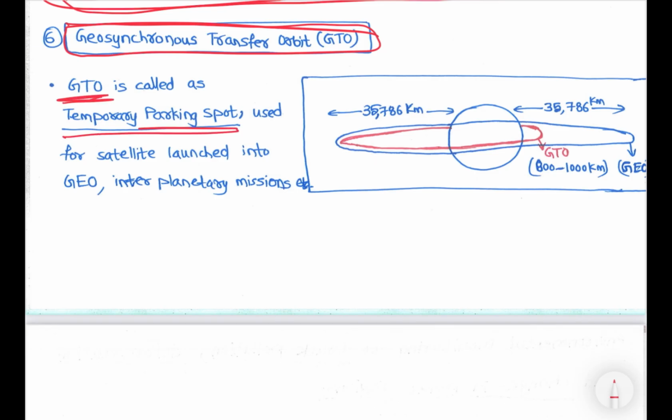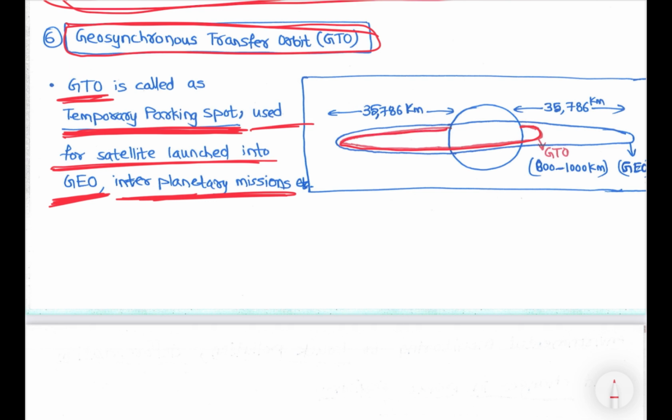Geosynchronous transfer orbit is called a temporary parking spot and is used for satellites launched into geostationary orbit and interplanetary missions. So we have discussed GTO, right? So instead of launching directly into 35,000 kilometers, we can use the 800 to 1000 kilometers GTO, right?